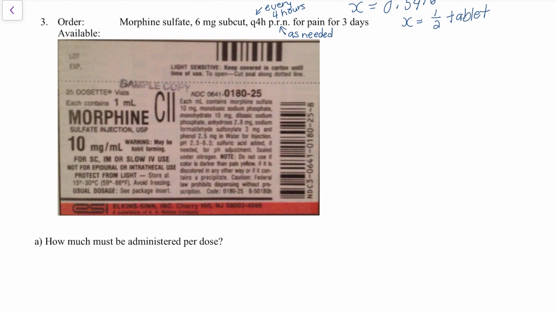And if you look, it looks like these are vials, and they each contain 1 milliliter of the morphine sulfate injection. Okay? And 10 milligrams is in each milliliter. And I'm reading that right here.